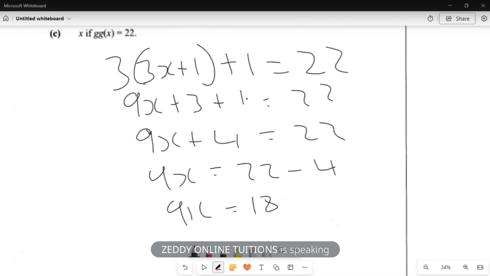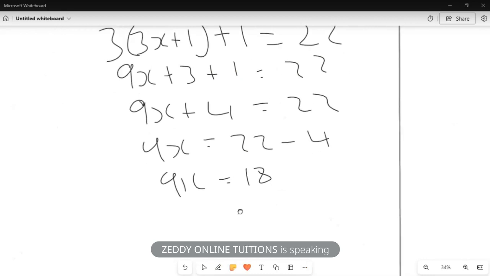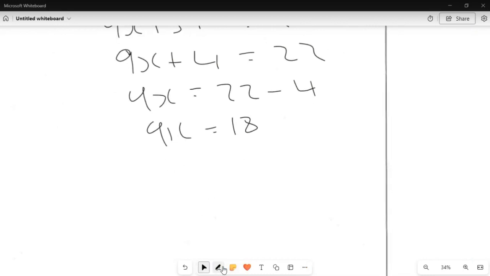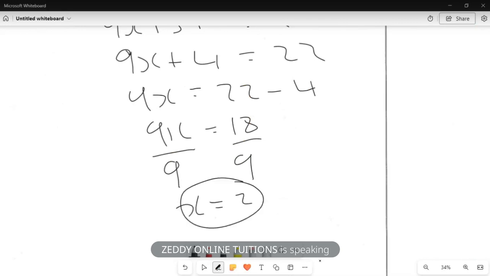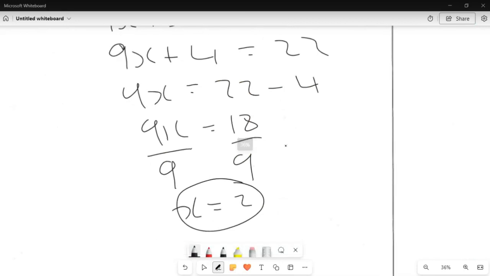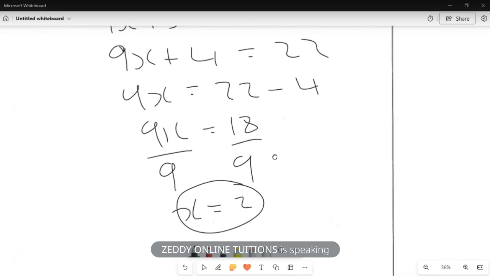I'm sure some people who think mathematically have already seen the answer. It's 2. It'll be over 9, so x will be equal to 2. It is as simple as that.